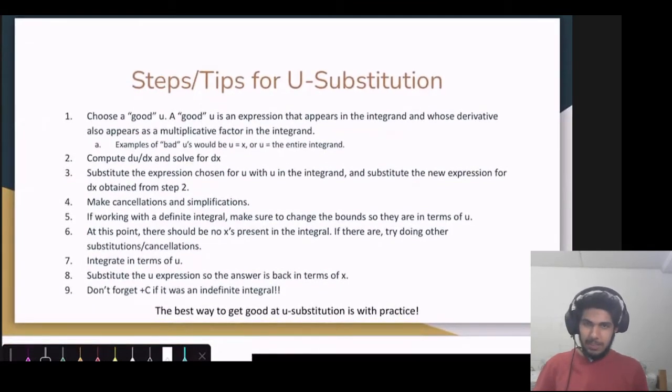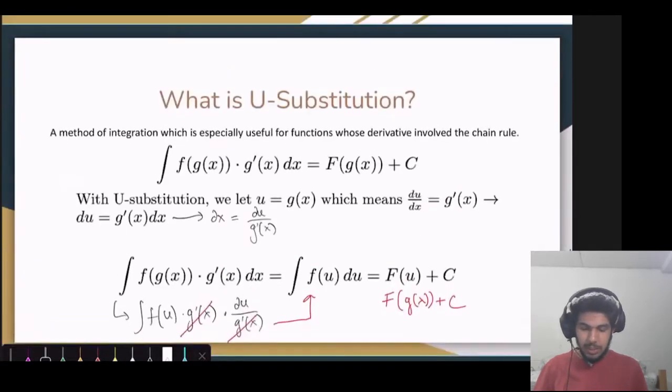So what are the steps? The first step is to choose a good u, and arguably this is the hardest part about U-substitution, because there's so many u's you can choose from. We know that if we let u equal g of x, if the function is in this form, then it'll work out pretty nicely, like we just demonstrated.